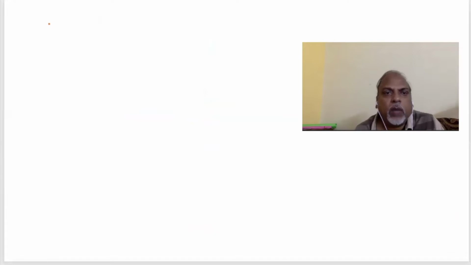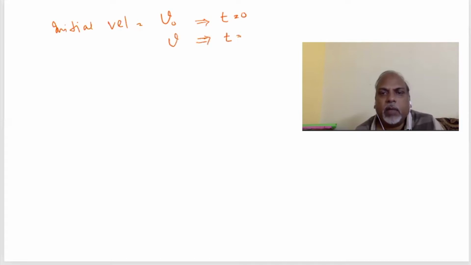Suppose a body has initial velocity v0 at time t equal to 0, and v is the velocity at time t. Then let us draw the v-t graph.